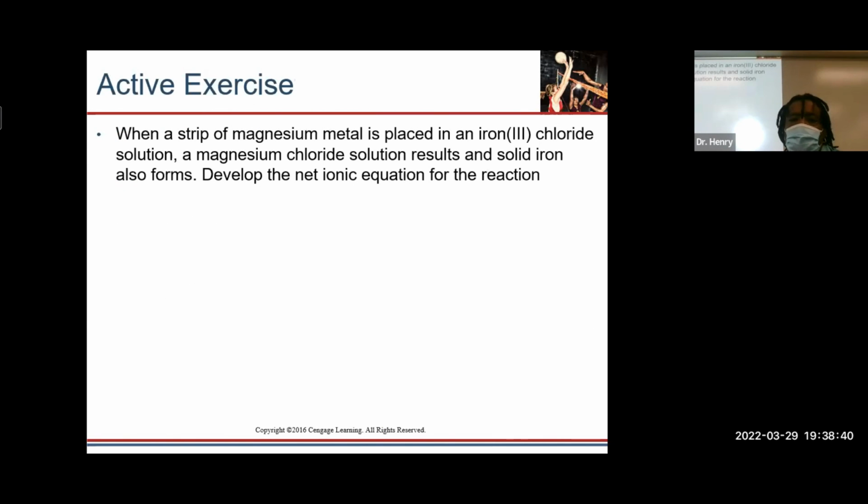Okay, so here's your first one. When a strip of magnesium metal is placed in iron 3 chloride solution, a magnesium chloride solution results and solid iron forms. Develop the net ionic equation for the reaction.